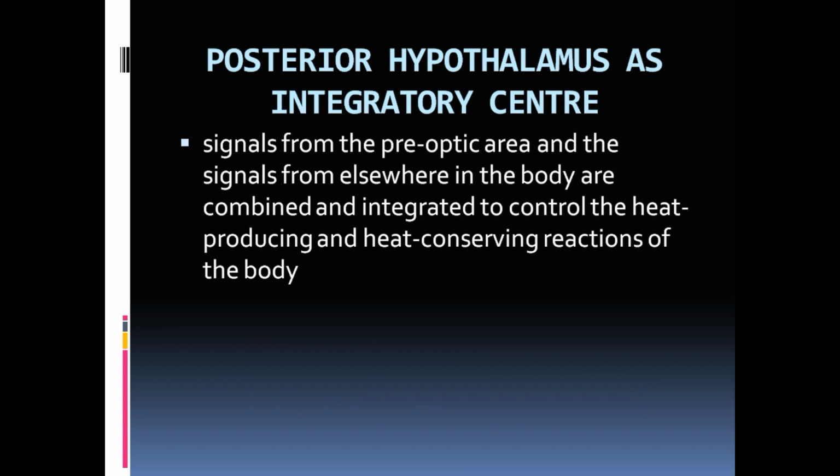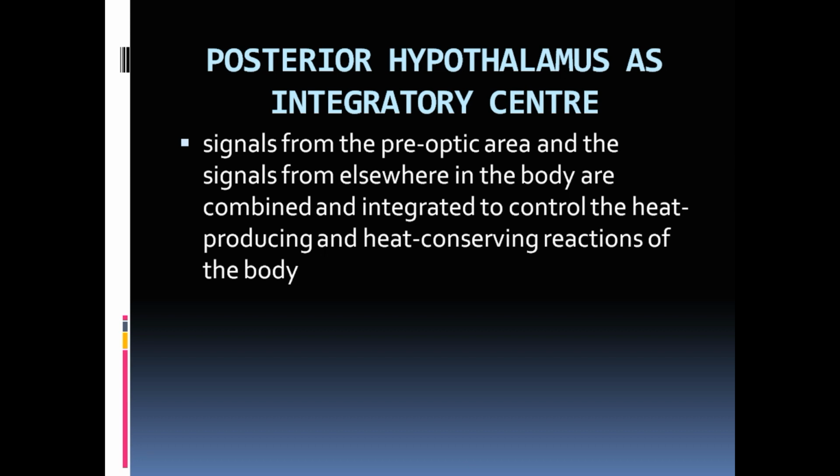Now coming to the integratory center. The posterior hypothalamus acts as the integratory center. The signals from the preoptic area as well as the signals from the body, like the skin and the deeper tissues, come to the integratory center, and from this integrating center the analysis of those sensations is done, and then it gives out the efferents to the heat controlling mechanism, either by producing heat or by heat conserving reactions of the body.